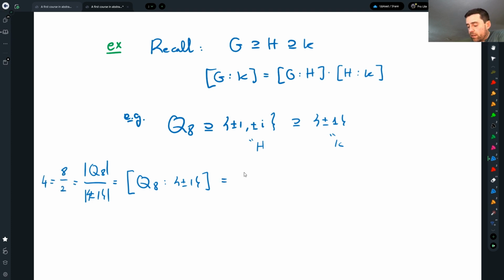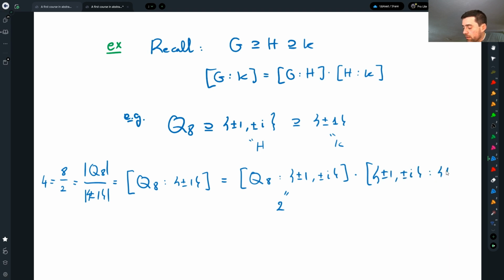And on the other hand, I have the index of plus minus 1, plus minus I, which will be 8 divided by 4, which is a 2, times the index of plus minus 1 inside plus minus 1, plus minus I, which is a 2. So that 4 is 2 times 2, and this is a breakdown of those indices of subgroups inside the Q8 subgroup.